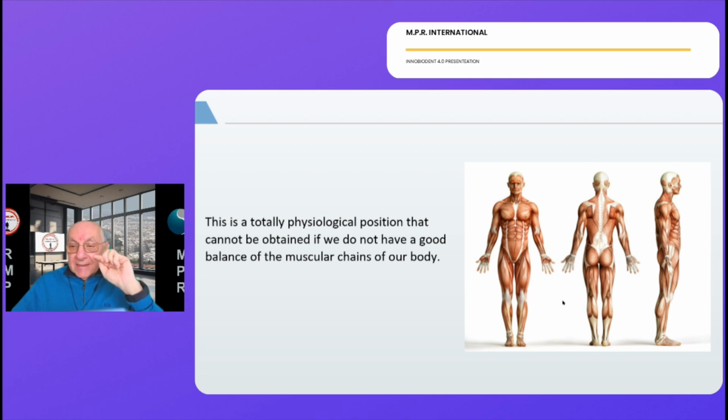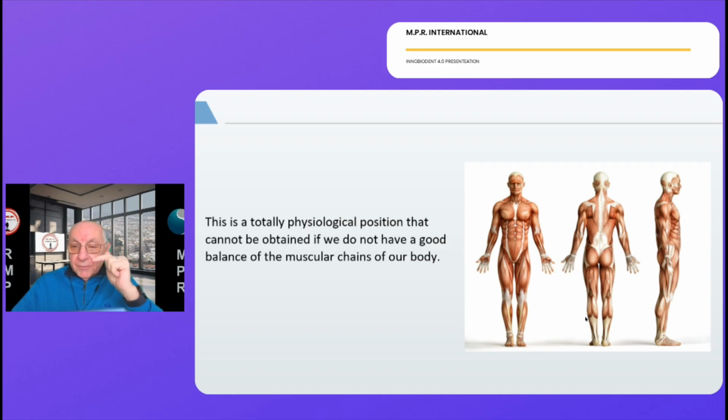Any imbalance, tension, or asymmetry within these chains can alter the mandibular posture and interfere with the neuromuscular resting position, and consequently disrupt both occlusion stability and postural alignment.